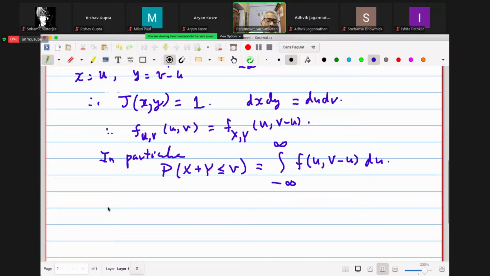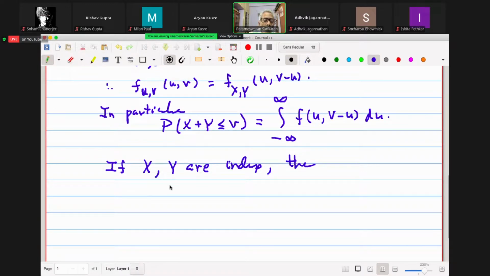And the thing is, if x comma y are independent, then you know that f_{XY}(x, y) is equal to the product f_X(x) f_Y(y). Therefore, you may write f(u, v).